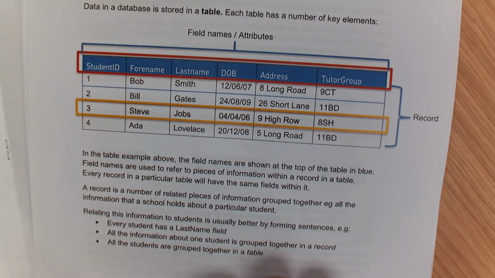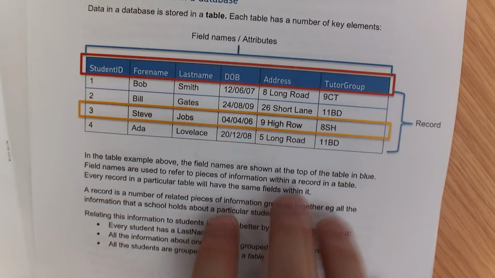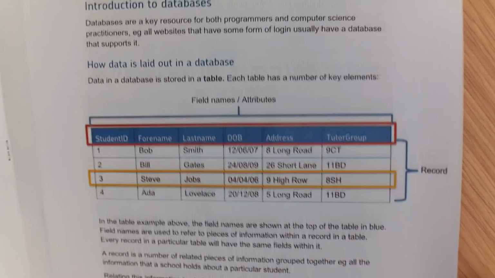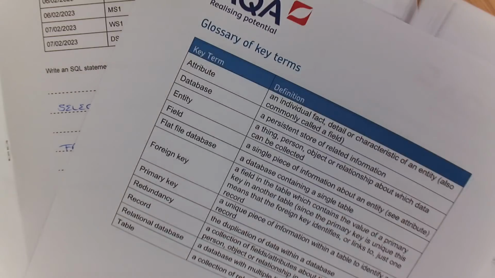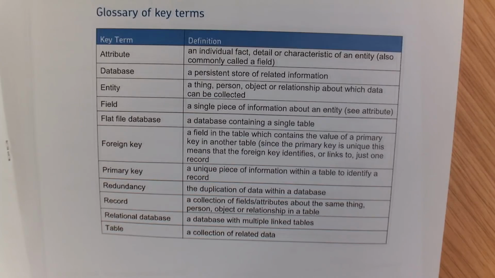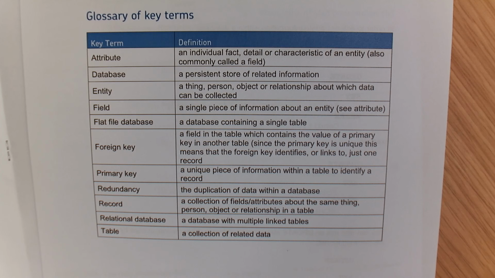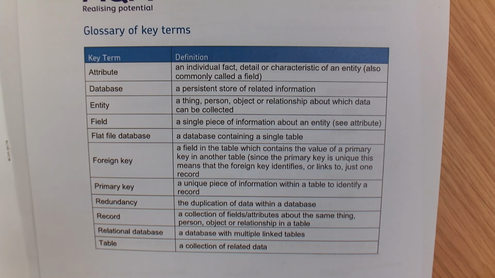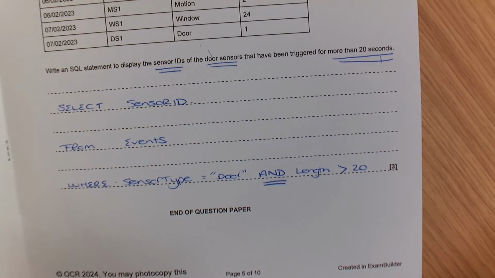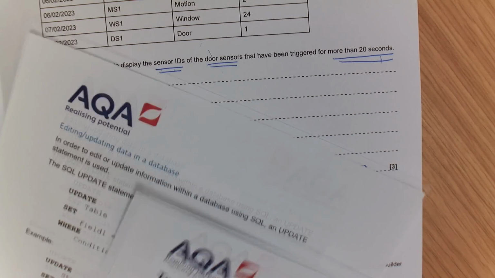So this is on the AQA website, and it gives you all of the key terminology at the back to even help you with exam revision, such as what is an attribute, a database, the entity, a field, what is the foreign key. You should have done a lot of work with relational databases. So this is why I just wanted to demonstrate something to you.